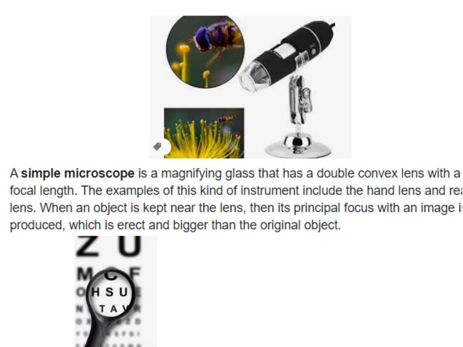In this diagram, if this picture is seen using the simple microscope, the image will be erect and bigger than the original object. Also, in this picture, when we use the simple microscope, the letters will be erect and bigger than the original object.